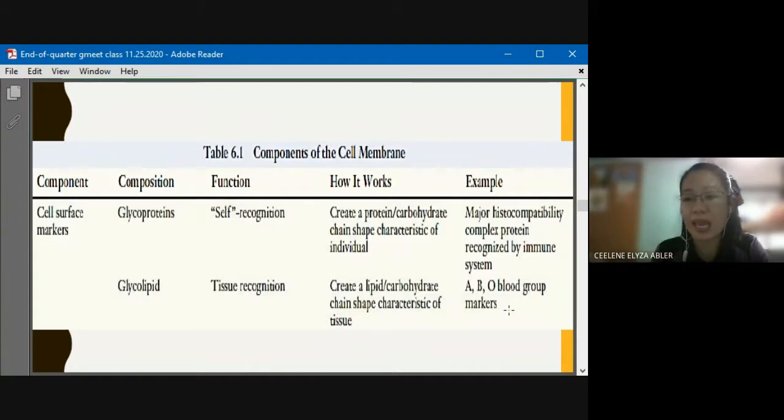Merong type A, type B, type O. So, those are blood group markers. Ang gagamitin na sa glycolipid. Yung naman class, glycoproteins, halimbawa mag-transfer ng mga organs, so it's a major histocompatibility na complex protein. So MHC. So yan siya na test ang gagamitin.